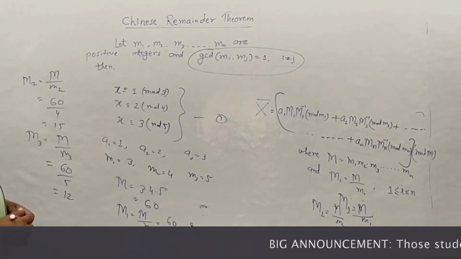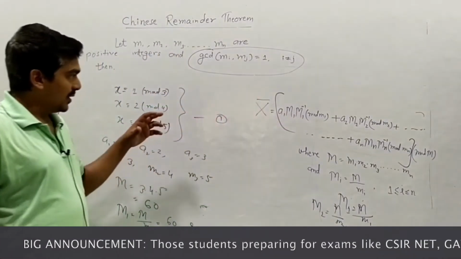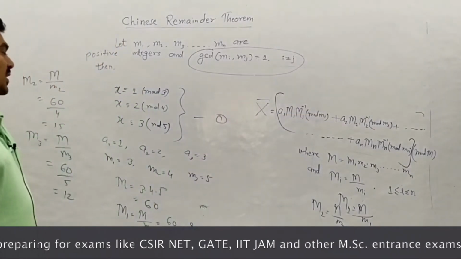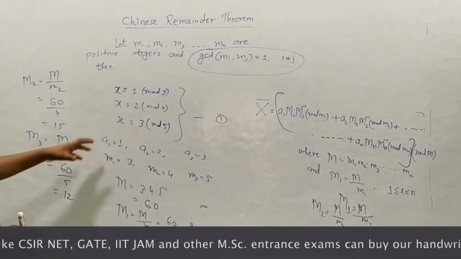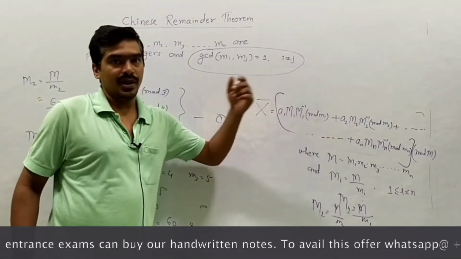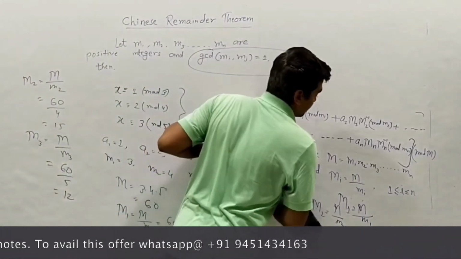So now the solution is a1 M1 M1 inverse, and so on up to the last term. Now we put all these values in this equation.